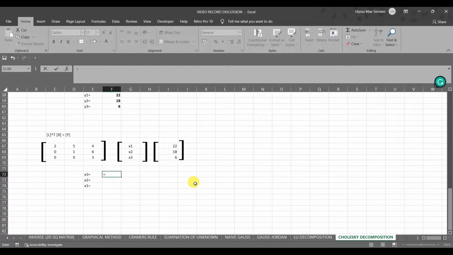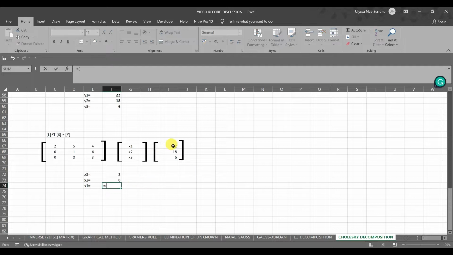So we have here 6 divided by 3, so we will be able to find the value of x sub 3. For our x sub 2, this is simply 18 minus the coefficient of x sub 3 multiplied by 3, divided by the coefficient which is 1. So we have here the value 6.